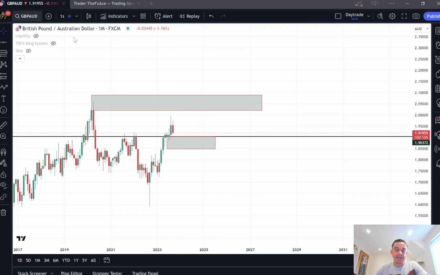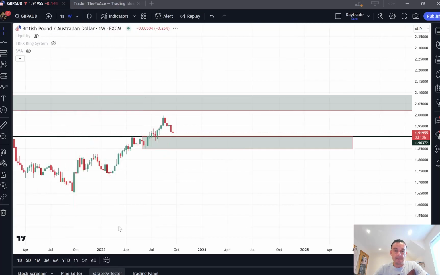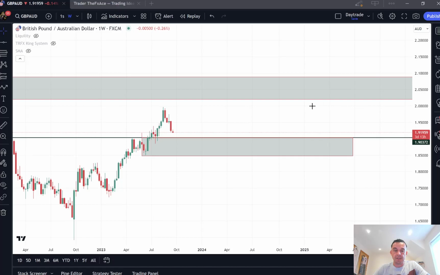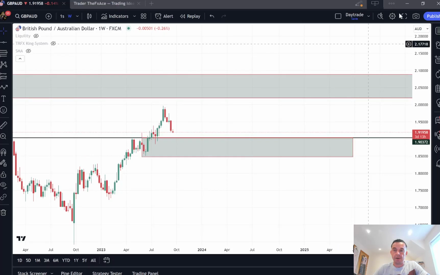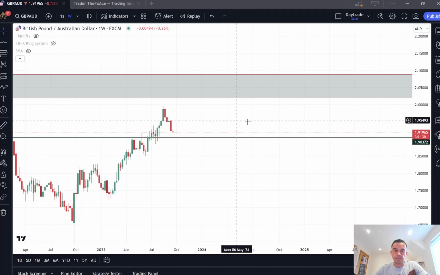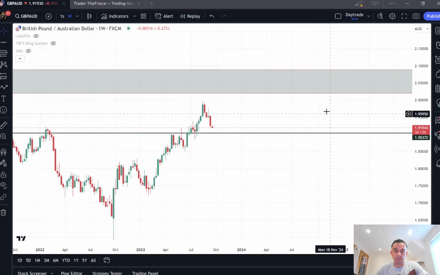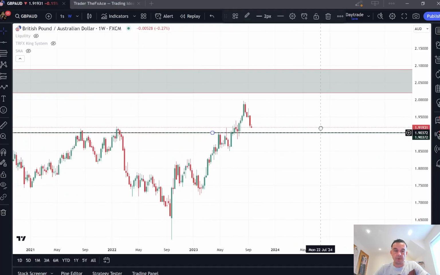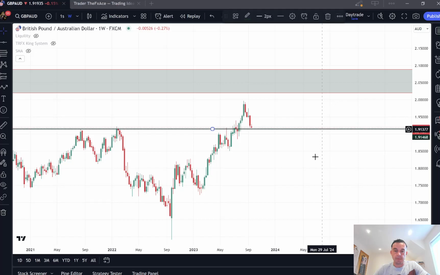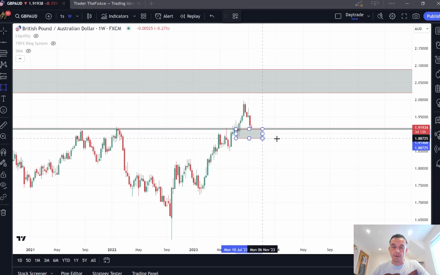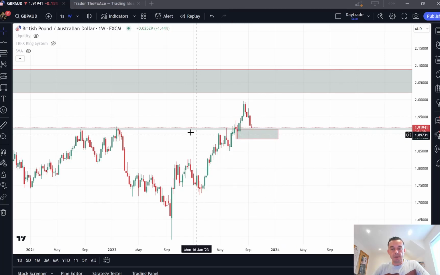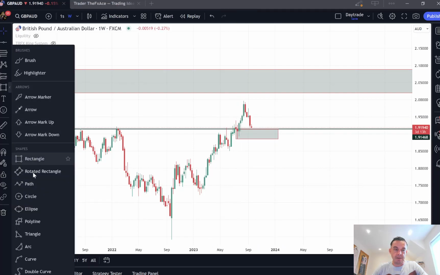And if we zoom into the weekly charts, we can see this a lot clearer. You can see the level. We'll just delete the monthly level we drew there. We kind of see this support level here, we have this buy demand area here, whatever you want to call it, but this is an area where the market rallied from.